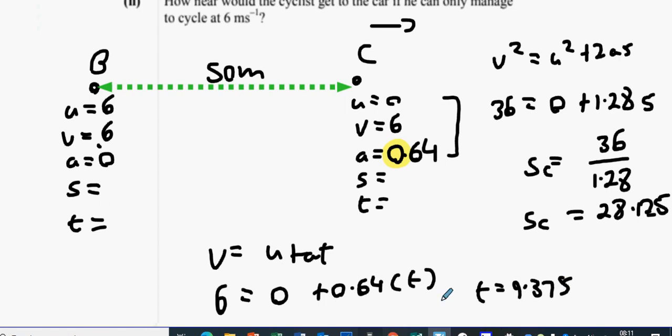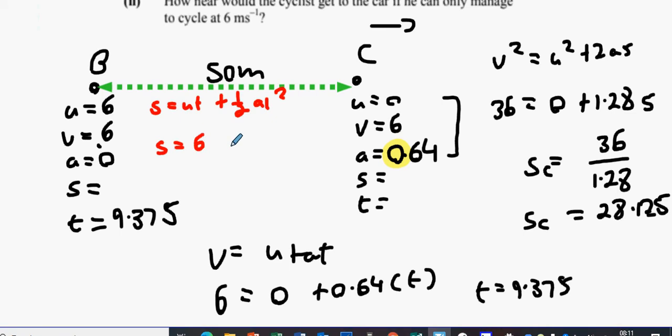I needed that time over here actually, because v squared equals u squared plus 2as wouldn't have worked. So now I have to do s equals ut plus a half at squared. Once I do that, it has no acceleration, so s equals 6 times 9.375. S equals 6 times that to get me 56.25.